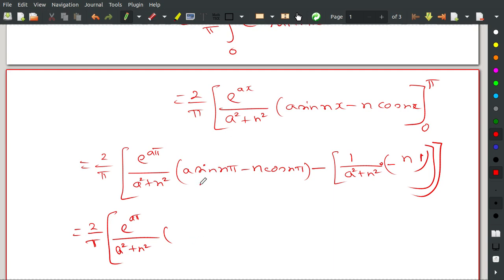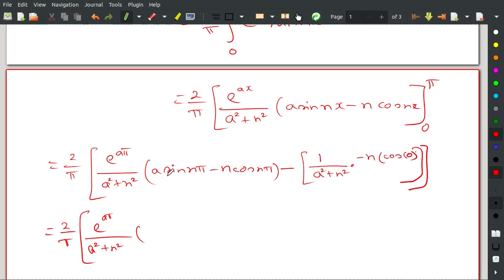Here sin n pi is 0, so this term becomes 0, so we have e power a pi divided by a square plus n square, and this one is minus n times cos n pi, which is minus 1 whole power n.